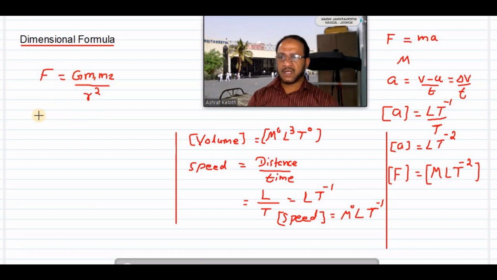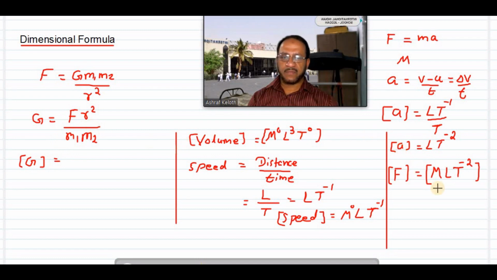So we'll rewrite this equation as G is equal to F into r square, this r square goes to the other side, divided by m1 into m2. So the dimensional formula of the universal gravitational constant G is equal to the dimension of force.